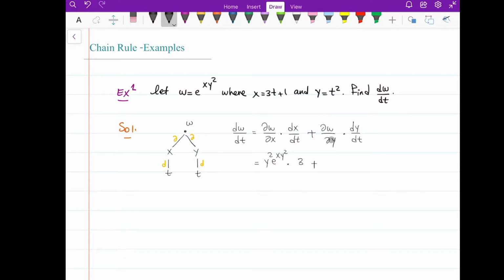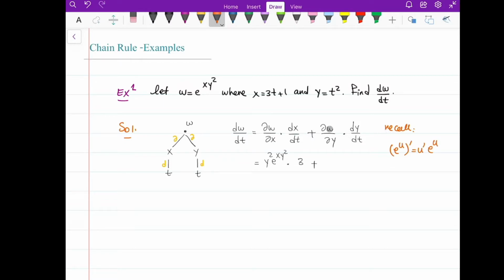For the derivative of w with respect to y, I forgot to give you a recall: if you have e to the power of any function u, the derivative would be the derivative of the function times e to the u.